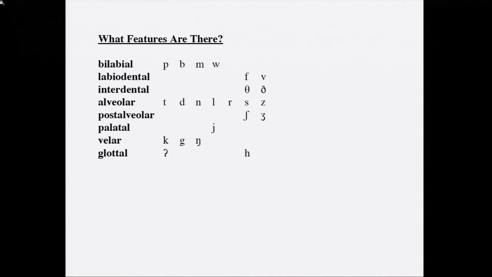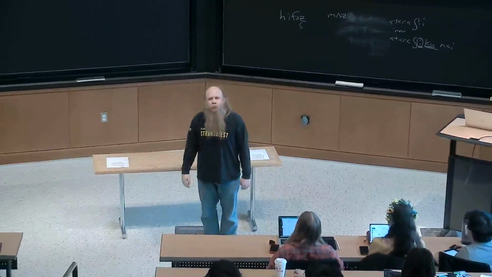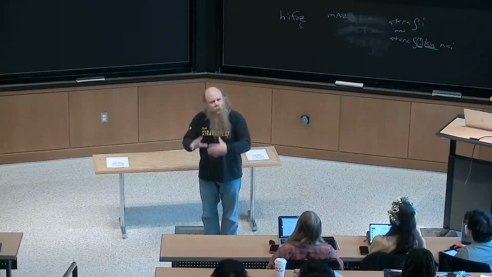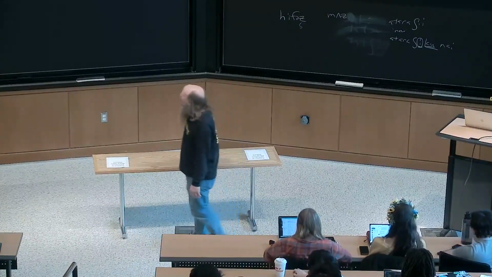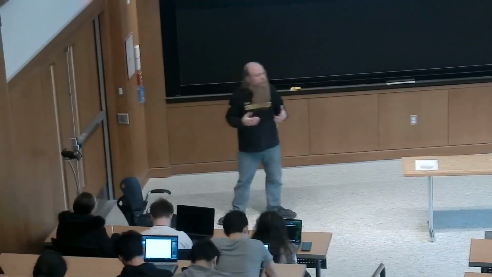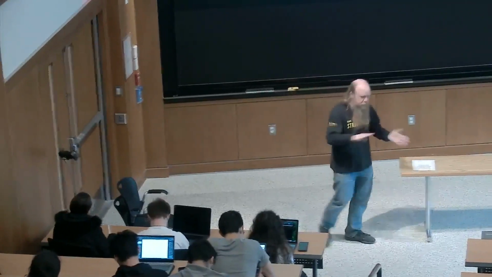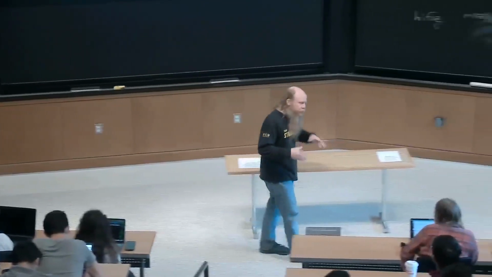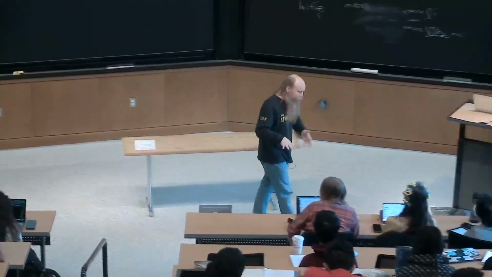So we've already done some talking about this. When I was first introducing you to consonants or vowels, I mean, you'd already met consonants at some point in your life, but we were talking about them in a particular systematic way. We talked about various ways of classifying them, saying there are some consonants that are fricatives and some that are stops, or some consonants that are voiced and some that are voiceless.